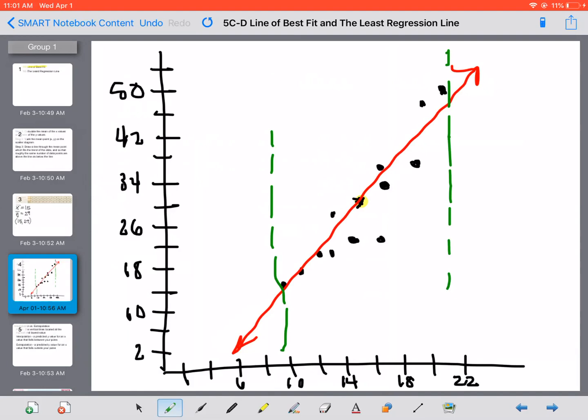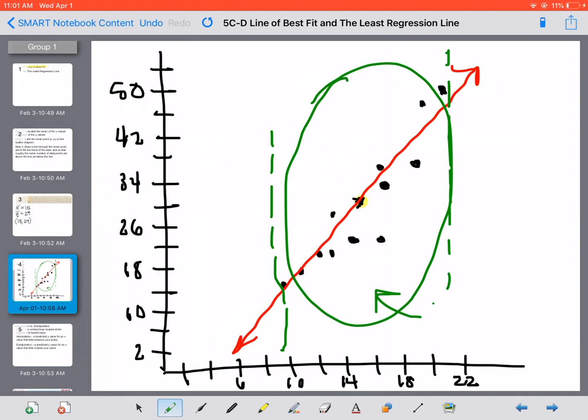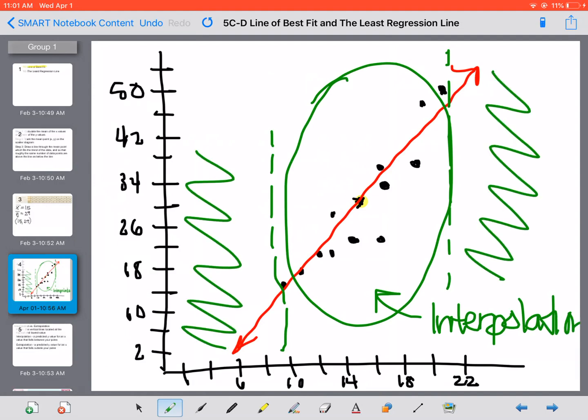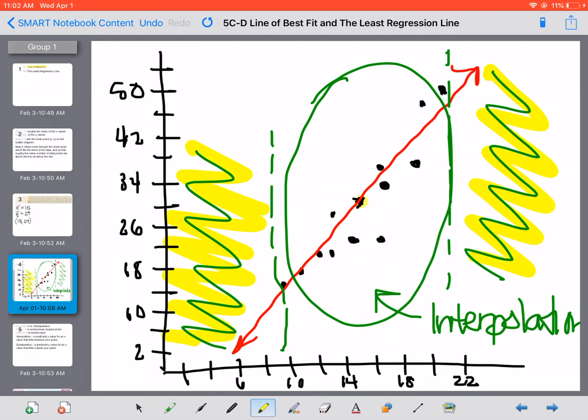And all of this area right here, that would be your interpolation. And everything over here and over here, so let's highlight it. This highlighted area and this highlighted area is what we would call our extrapolation.